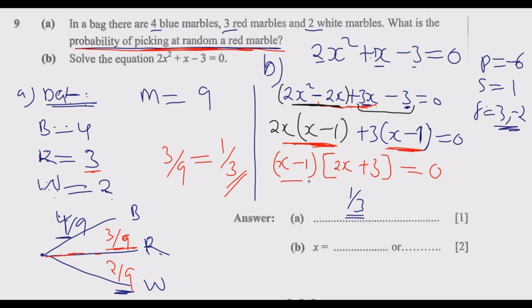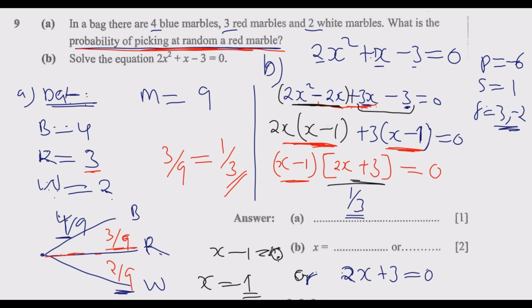You see that this first thing is equal to 0 or this second thing is equal to 0. So it's either x minus 1 equals 0, which simplifies to x equals 1, or in the second case, 2x plus 3 equals 0.